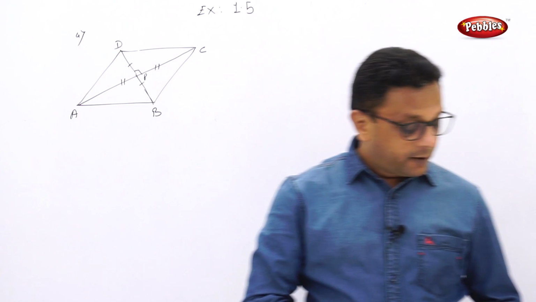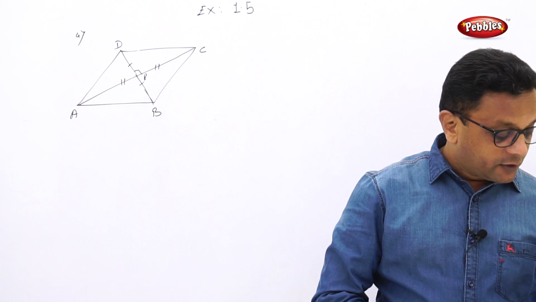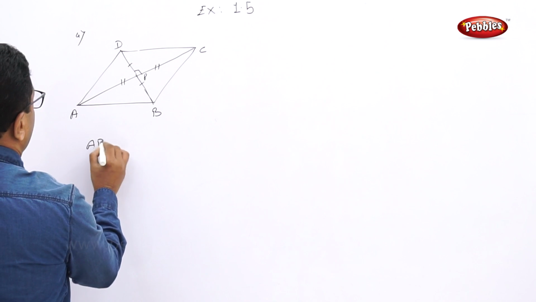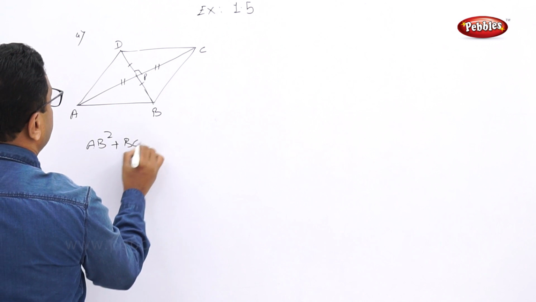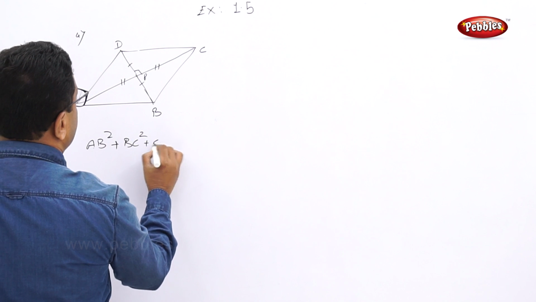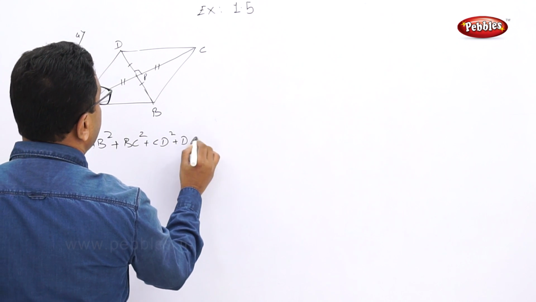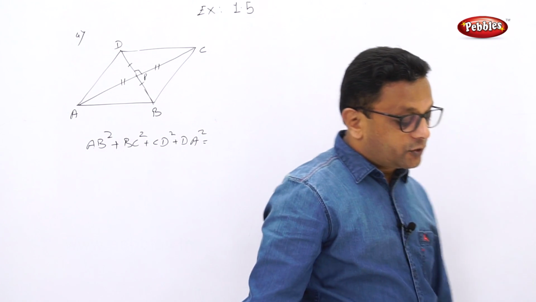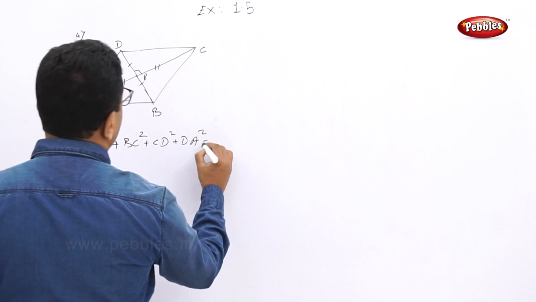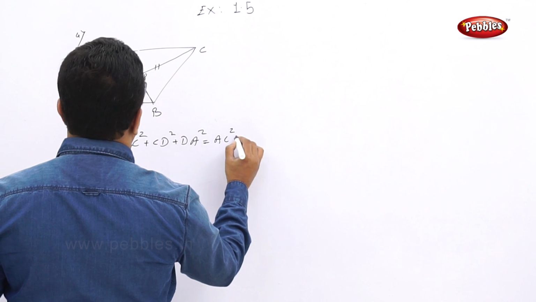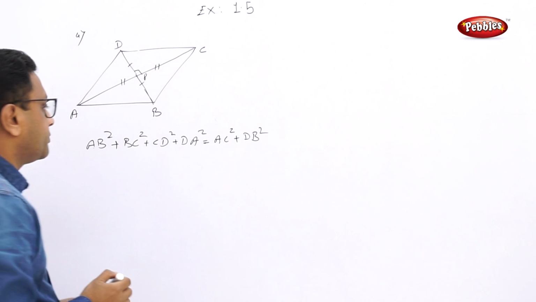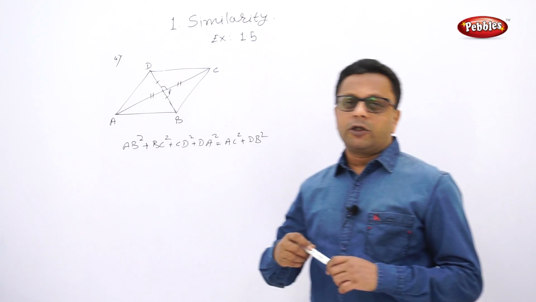We have to prove that the sum of the squares of the sides of a rhombus, that means AB square plus BC square plus CD square plus DA square, is equal to the sum of the squares of its diagonals, AC square plus DB square. Now how will you solve this problem?